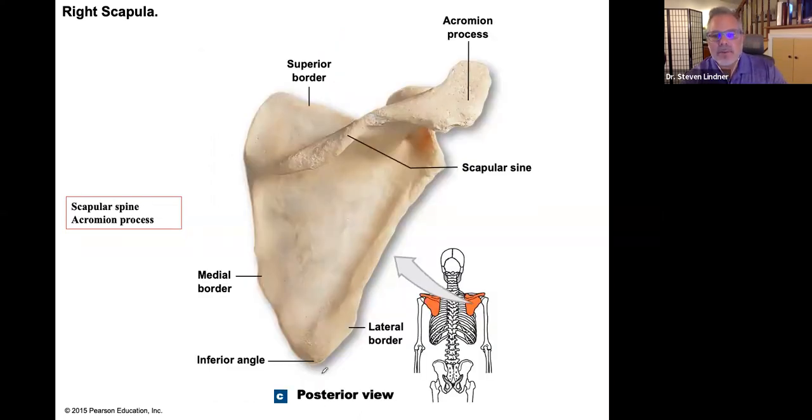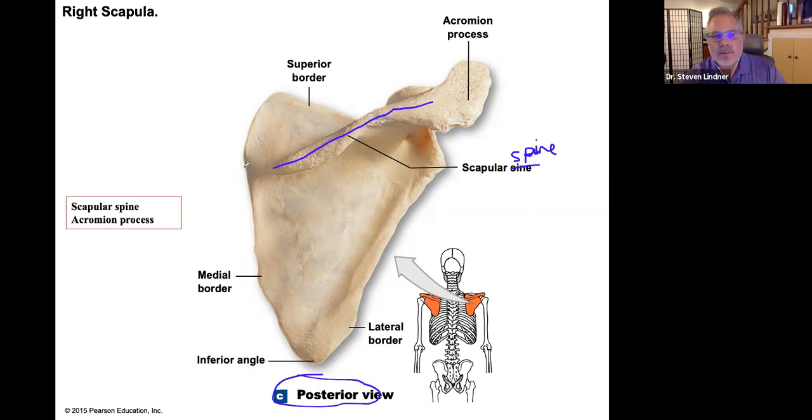Now we're looking at the posterior view. And we said, we know we're looking at the posterior once we see this. This is the spine of the scapula, or scapular spine.